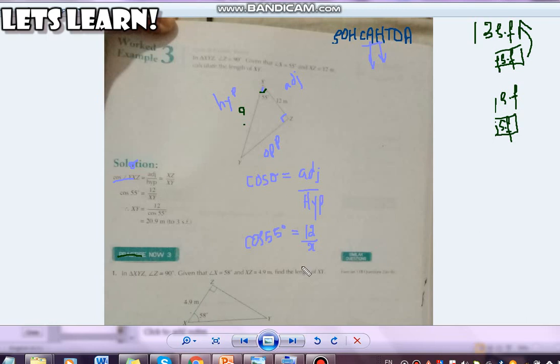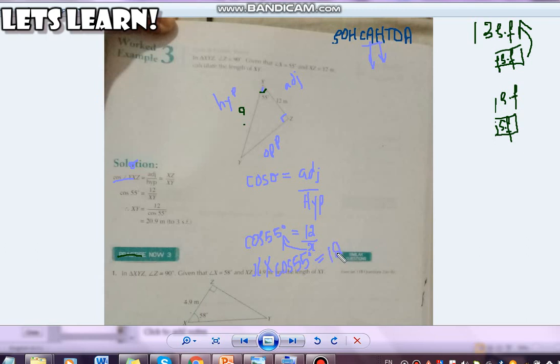Then we need to find the unknown, so I will need to make it alone. We need to shuffle the things around. If I take the unknown, x, over here, then x multiplied by cos 55 degrees, remember to put the degree sign as these are angles you are dealing with, is equal to 12.